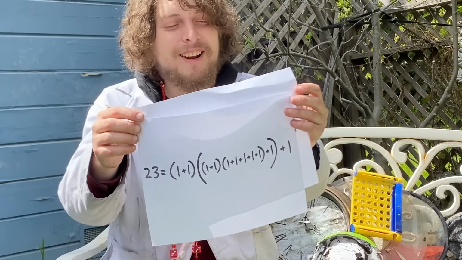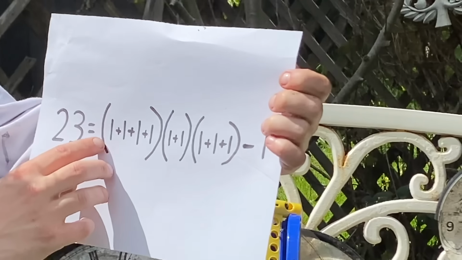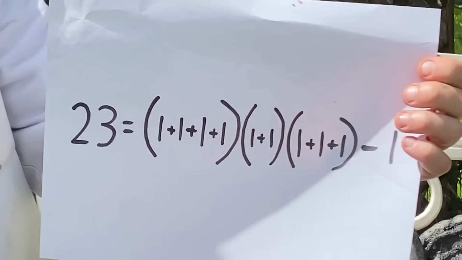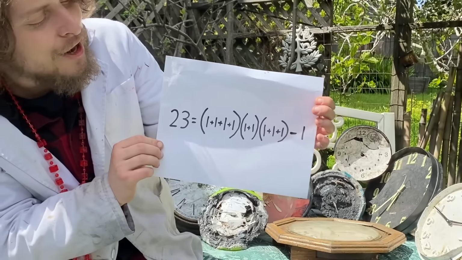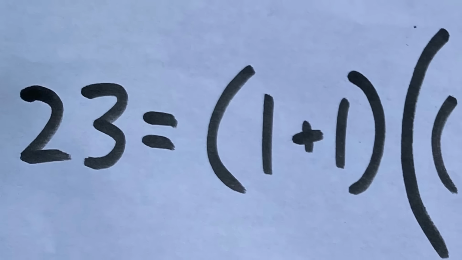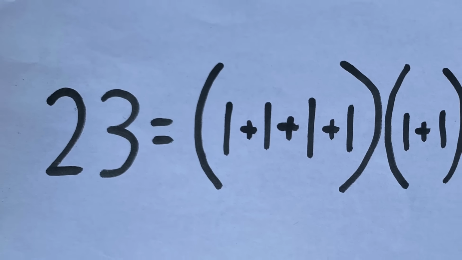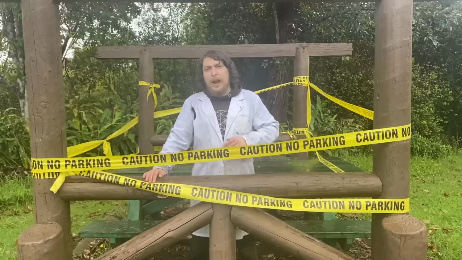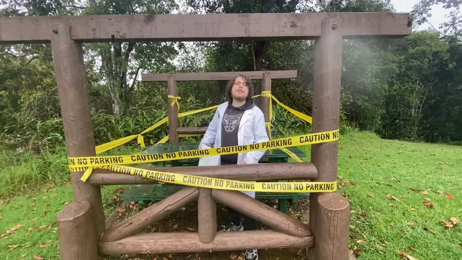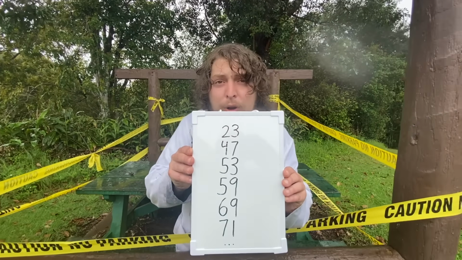But then when I incorporated subtraction, I found that we can get there by approaching from 24 and then subtracting 1 in a quicker way, using less ones. This here cost me 11 ones, and this one only cost me 10 ones. And 23 isn't the only number with this property. These are the other smallest numbers that can be reached quicker if you allow subtraction.